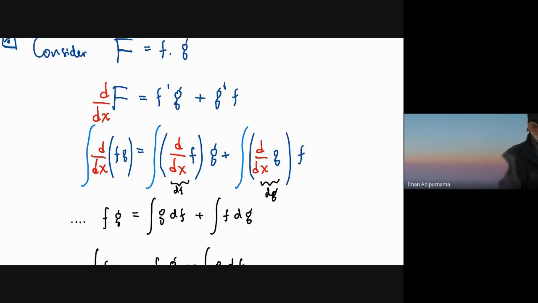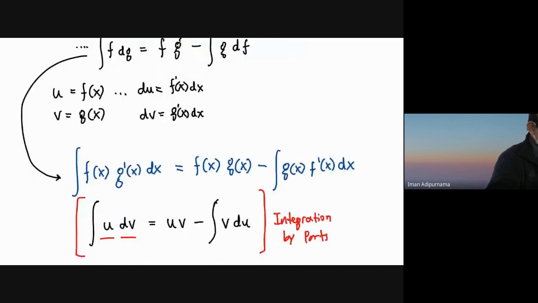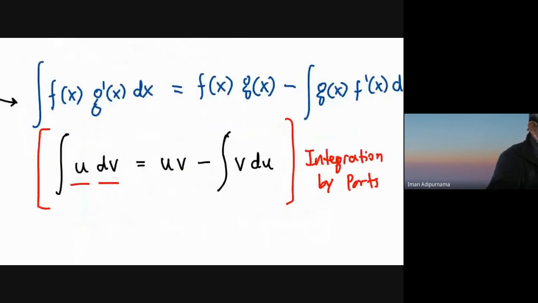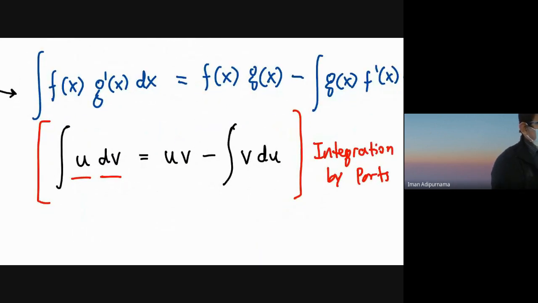And I think the formula is best fit with these terms, right? I believe most of you learned integration by parts with this formula: integral u dv equals uv minus integral v du, right?